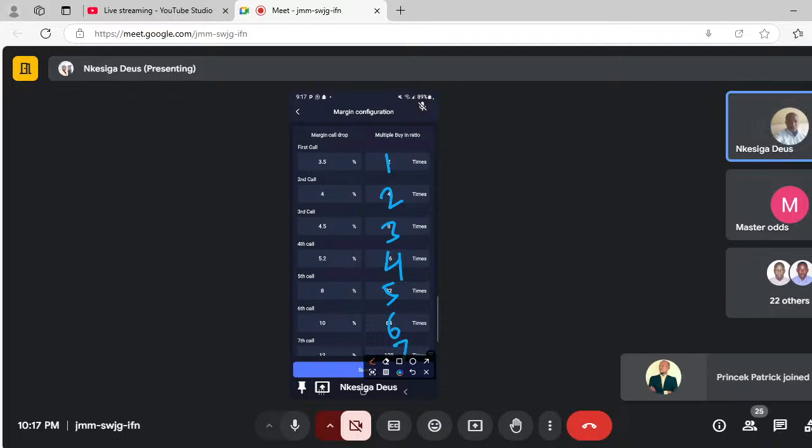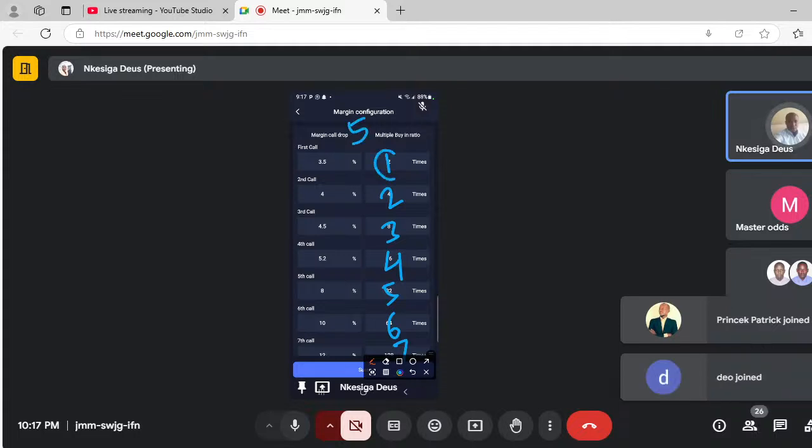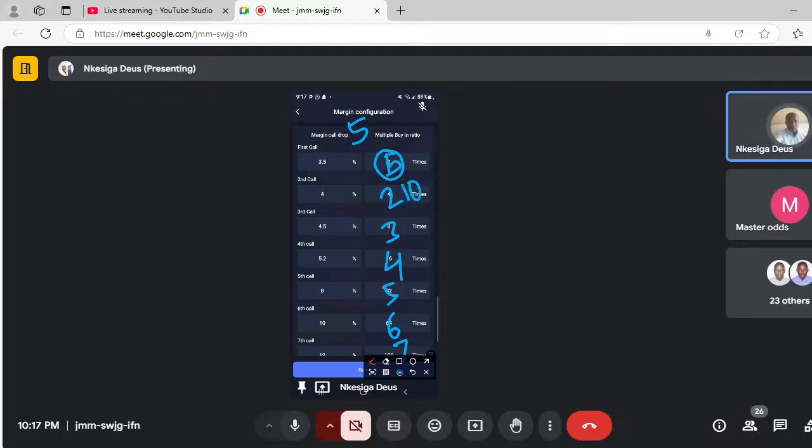Meaning, if your first buy was 5, here we are investing 5, here we are investing 10. You can see that it keeps increasing. Here we are investing 15. Can you imagine? Therefore, the average price will always reduce.